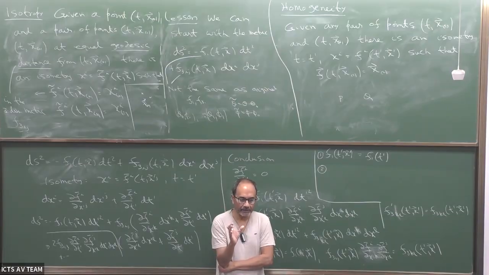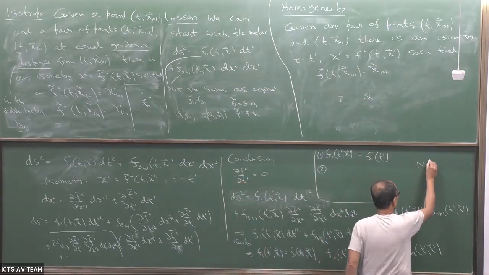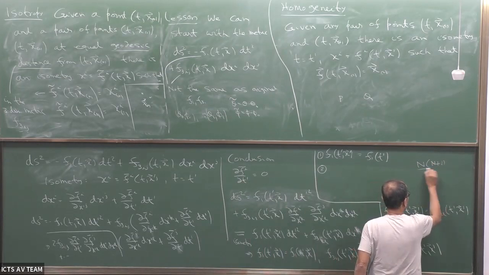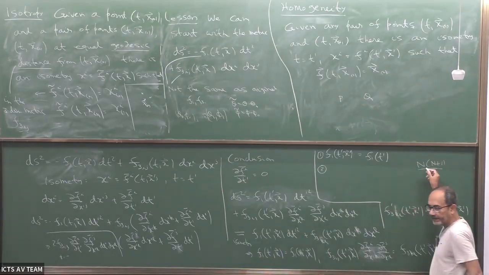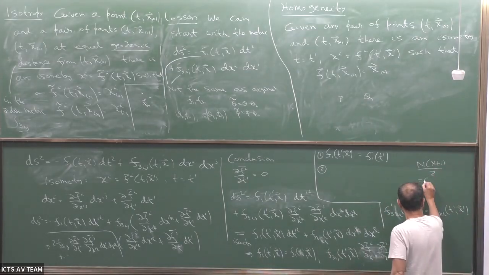If you recall the maximal number of killing vectors that we can have, that formula, n into n plus 1 by 2. For n equal to 3, this is 6.